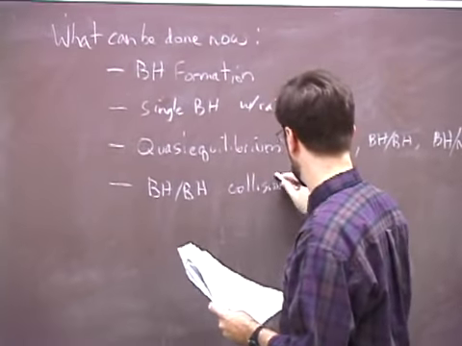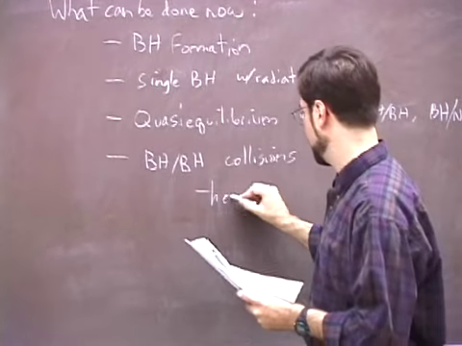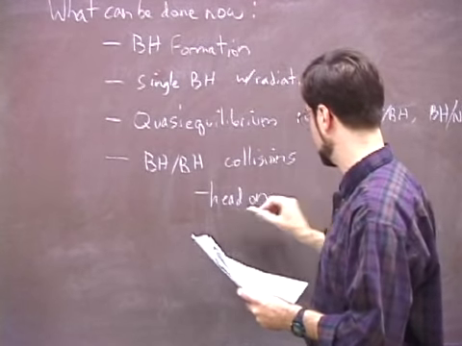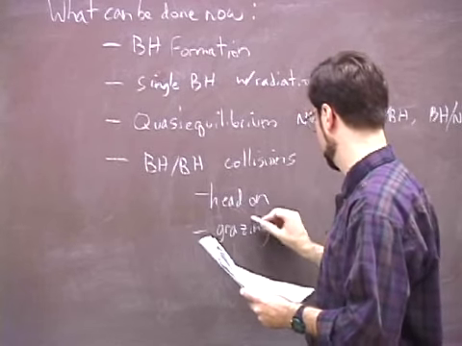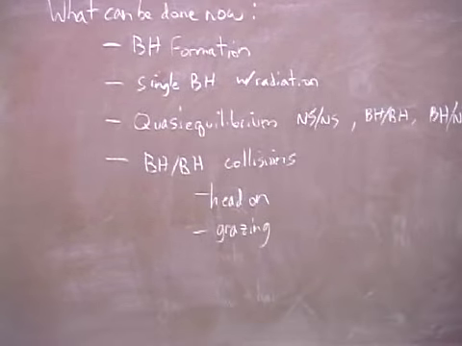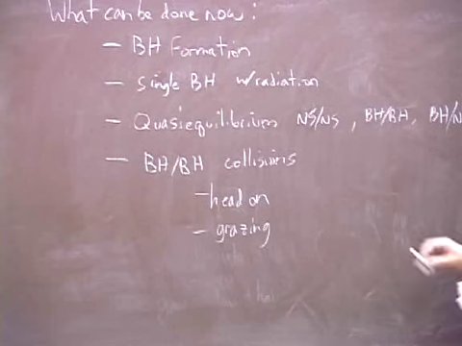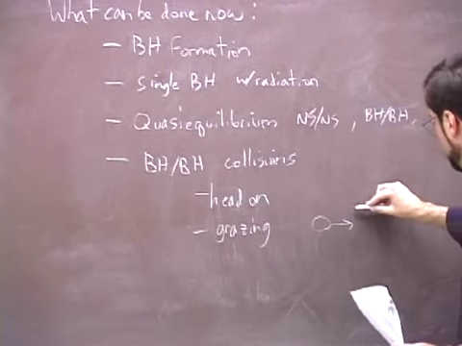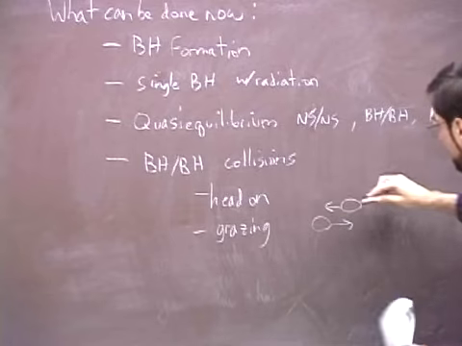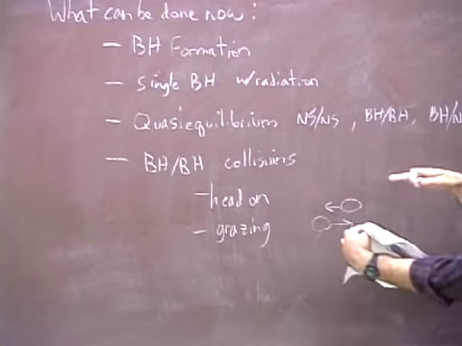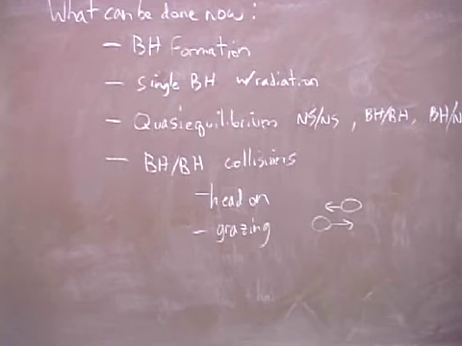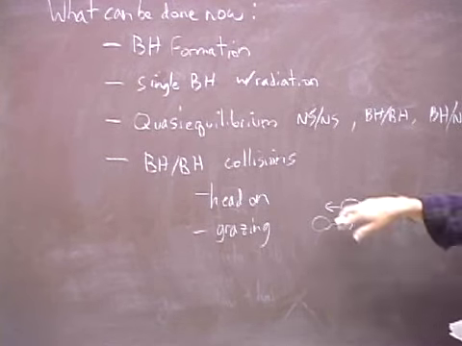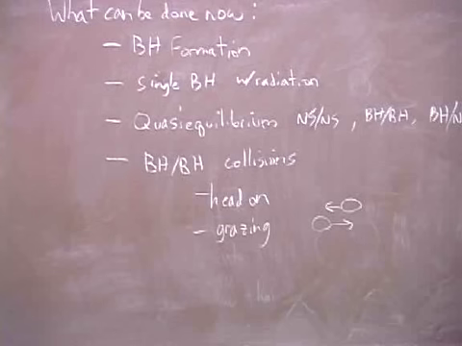Black hole collisions have been done, both head-on collisions and grazing collisions. By grazing, what I mean is something like this, where the two black holes are separated a little bit, given an impact parameter, and you could watch them inspiral, or you can watch them merge.